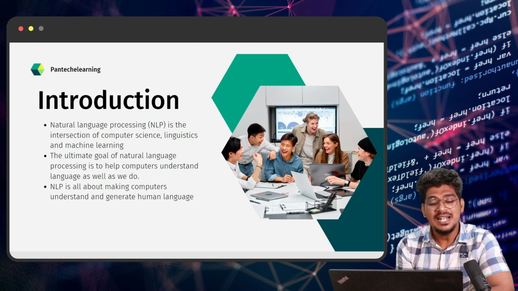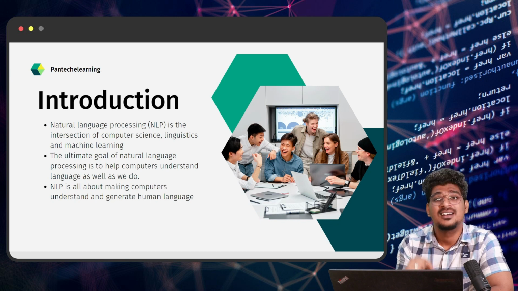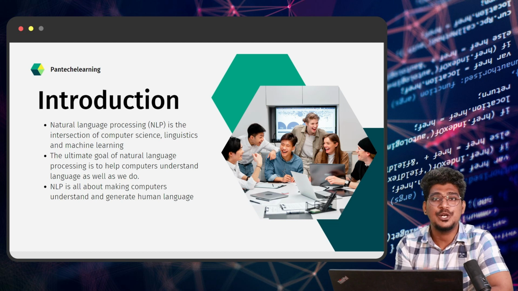NLP is all about making the computer understand and also generate human language. That is the basic introduction. We can interact with the computer, and that is possible. That is the best example for NLP. In one line, we can communicate and interact with the computer, the machine, with the help of NLP.